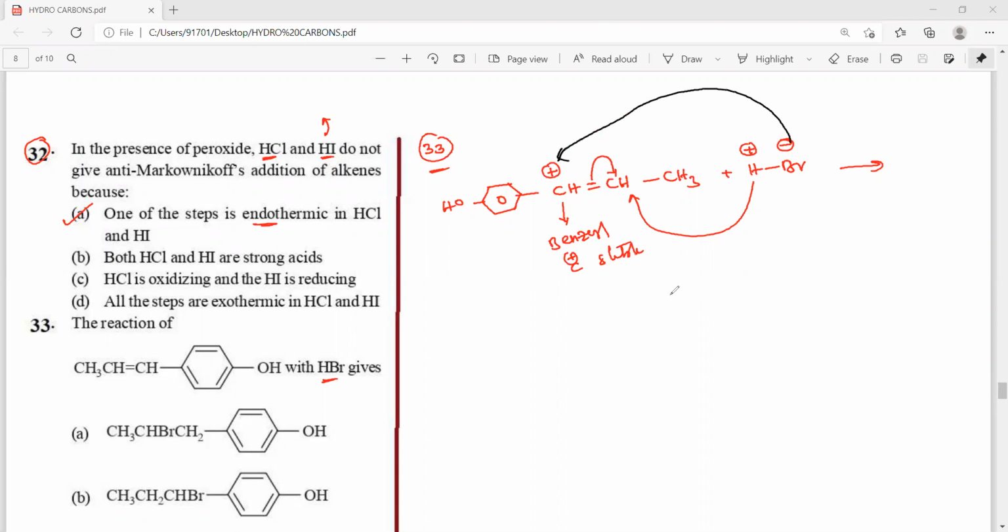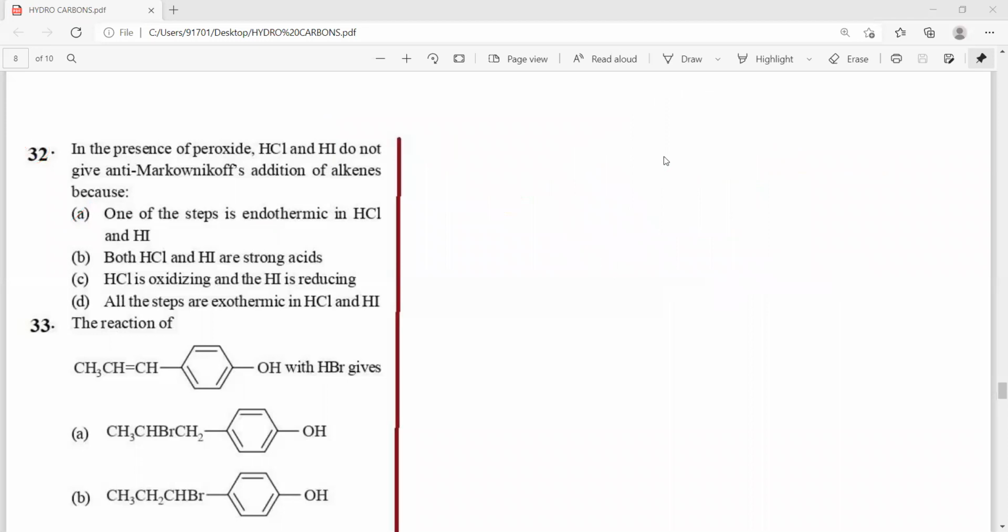Now the resultant product is the major product, CH2 bond CH3. Okay, so the answer is option B. Option B is correct. Okay, students, let's go for the next question.